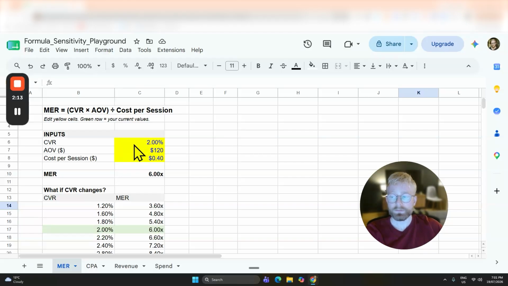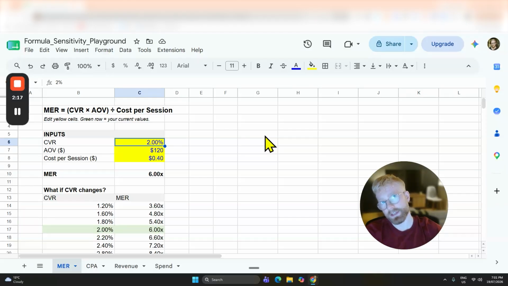So the first one, I don't think is something that is very easy for a marketer to control. So it's conversion rates. Now, conversion rates very much depend on the conversion rate optimization or the CRO of your website, right?